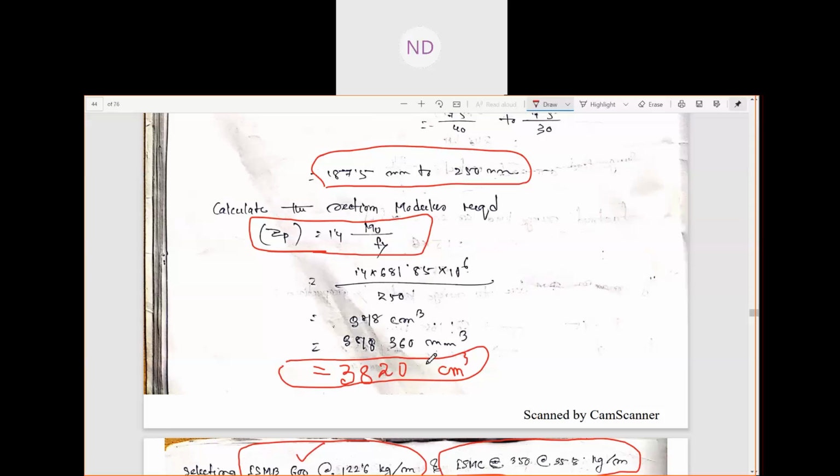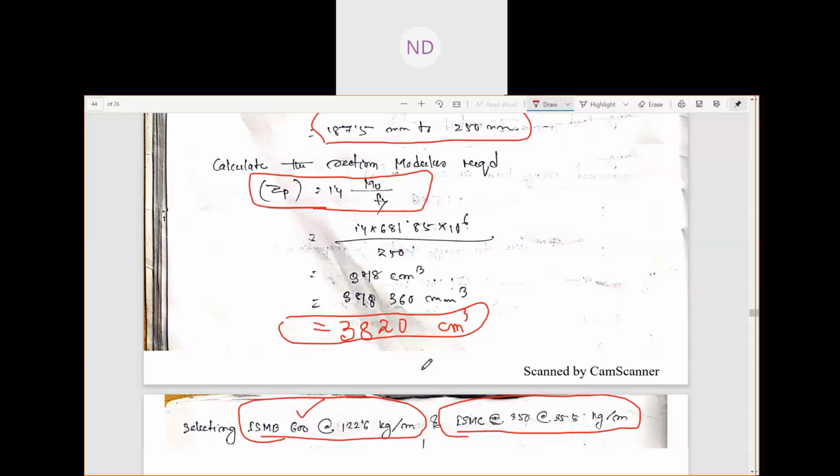When you use them as a built-up member, this section modulus is the minimum value. The section modulus of that entire built-up member, after you have assumed some sections for designing your gantry girder, should be greater than this section modulus. This is the minimum value.